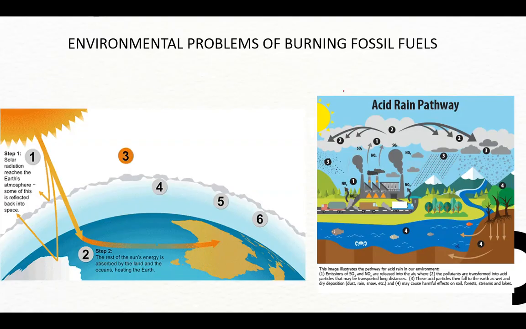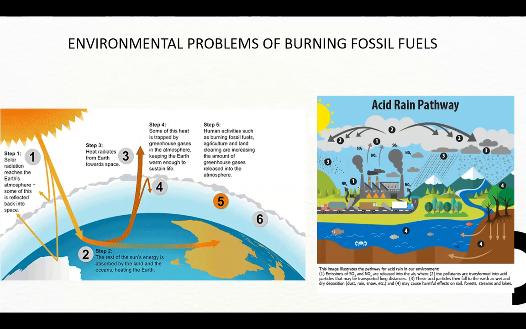And then we have acid rain, which can be a result of the release of different toxic gases emitted from either our exhausts from vehicles or from the extensive burning of fossil fuels. So these gases are released into the air where they mix with the water vapor that is there.